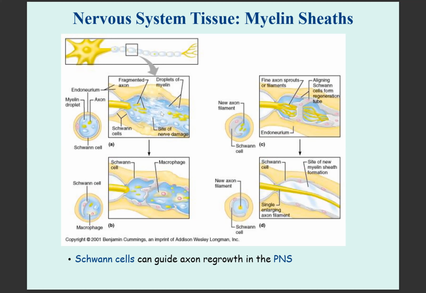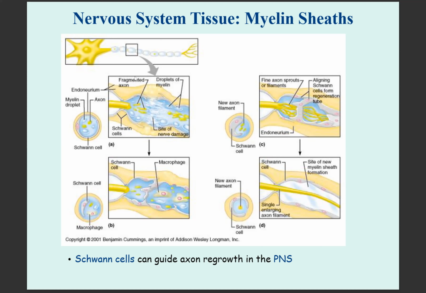So let's say we take this place, see that this whole place is broken. We can say fragmented axon, droplets of myelin sheath. They can guide, this is the site of the damage, guide the formation of what? The axon. So eventually you are going to have something like this, and then you have this one.